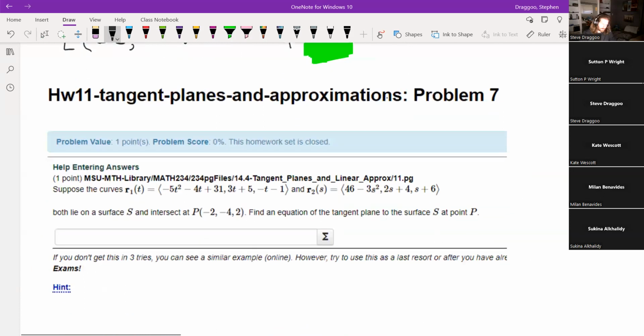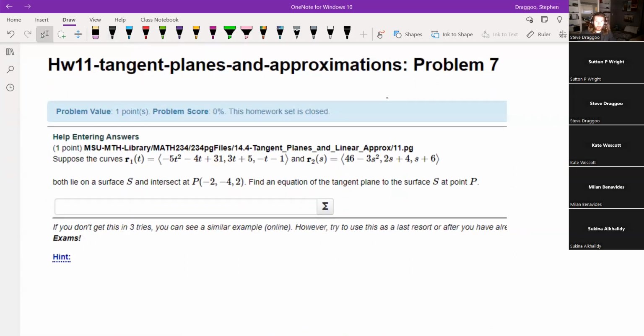So we're going to calculate a tangent plane. What do we want to do? We're going to start with two curves, R1 and R2. Each of these is a parametric equation for a curve, a thin curved line that exists in 3-space.